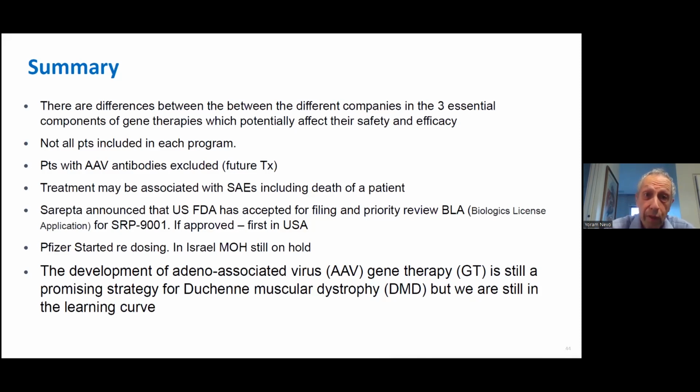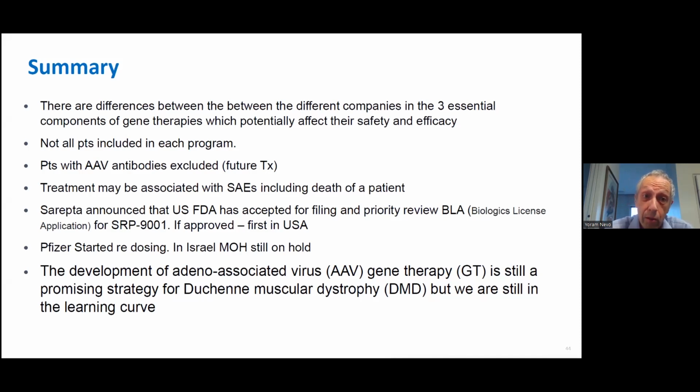There are differences between different companies in these 3 components: in the virus, in the promoter, in the transgene. So maybe potentially different in effect and maybe potentially different in safety. So we'll have to look for it. Not all patients may be included in the study; most studies now will not include patients with deletion in the N-terminal.